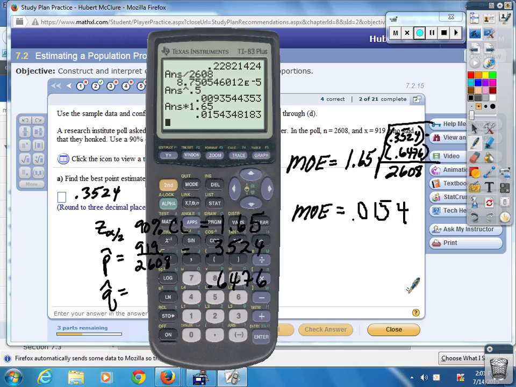So that's 1.5%. So your margin of error is equal to 0.0154.